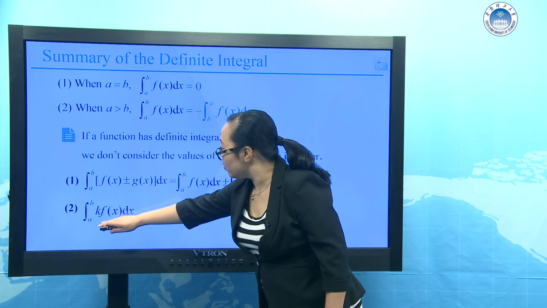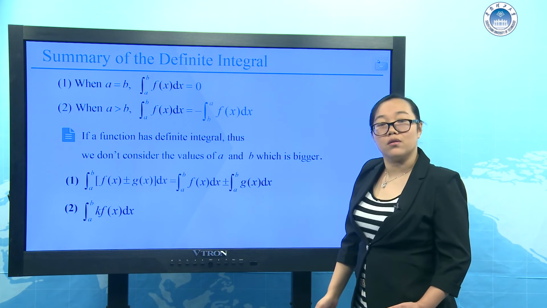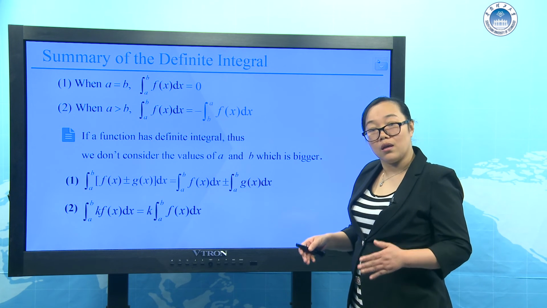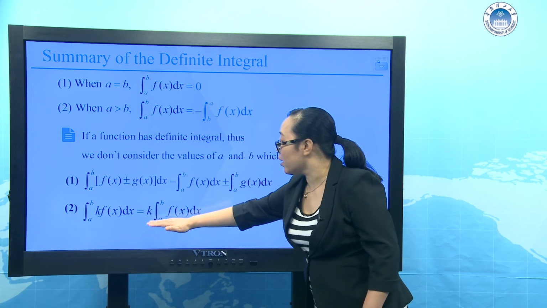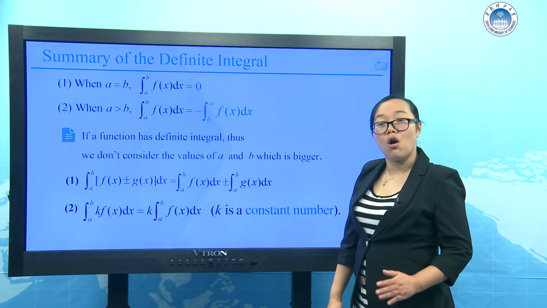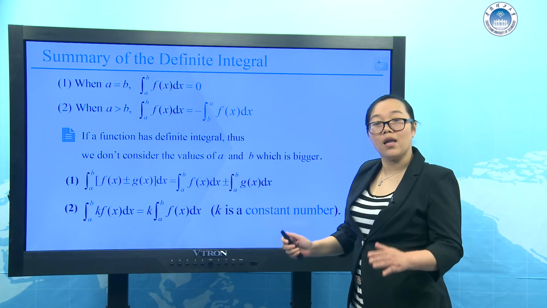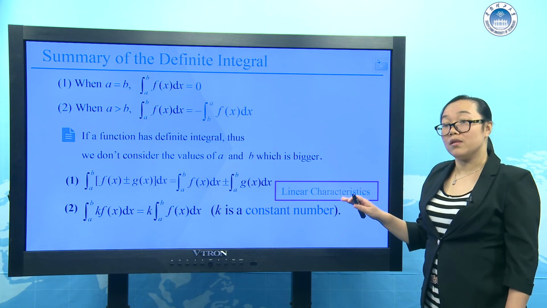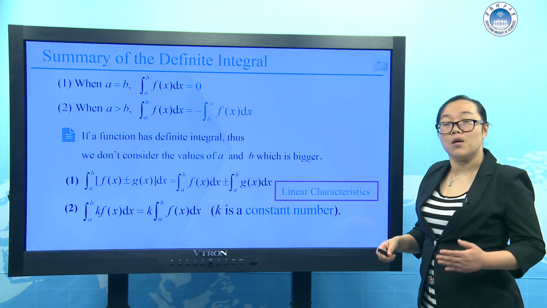The integral from a to b of k times f(x), where k is a constant, means k is taken out from the definite integral: it equals k times the definite integral. Property 1 and property 2 together mean the linear characteristics. In future computation, we always use the linear property.